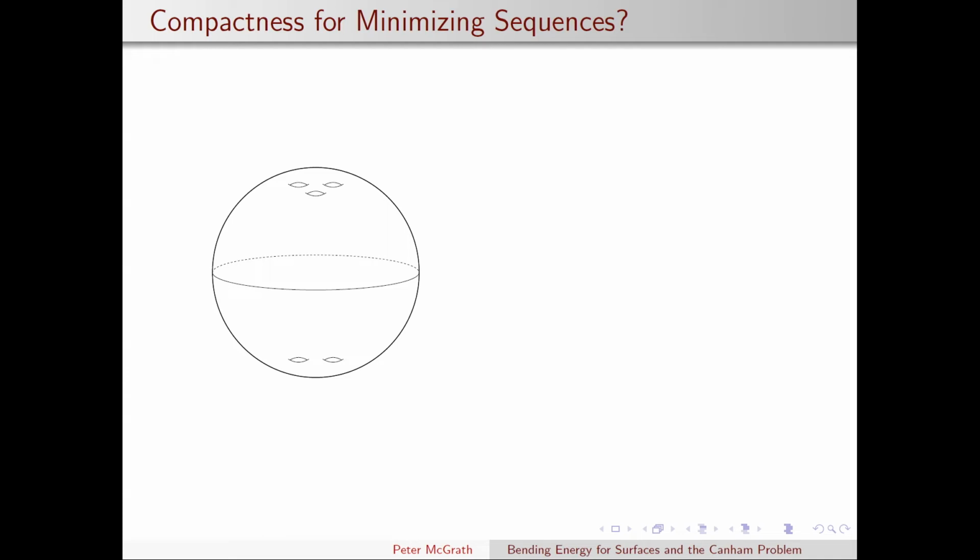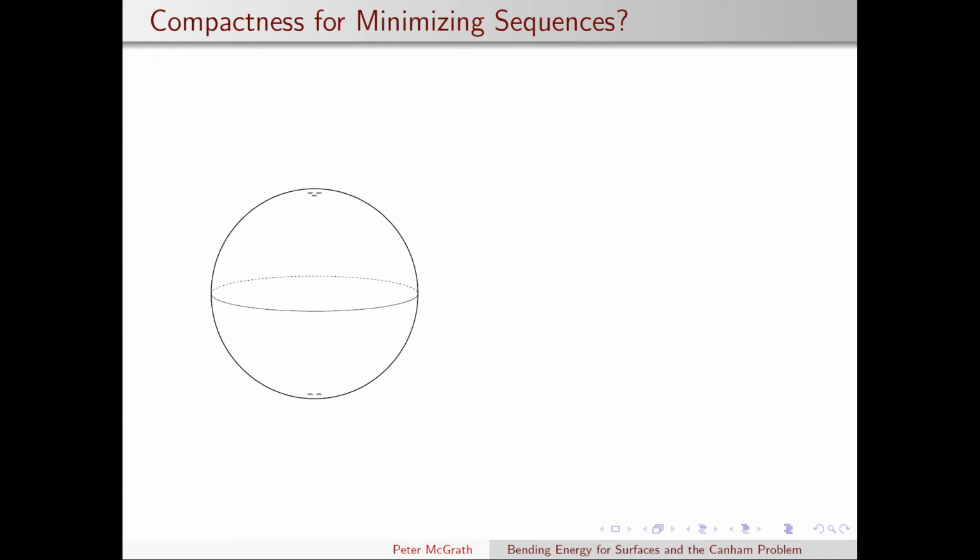And then coming up with a sequence that could go to the infimum where I have handles that keep getting smaller and smaller. So this is a possible problem, because if this could actually happen in the limit, I could have non-convergence, because I could have handles just drifting off.